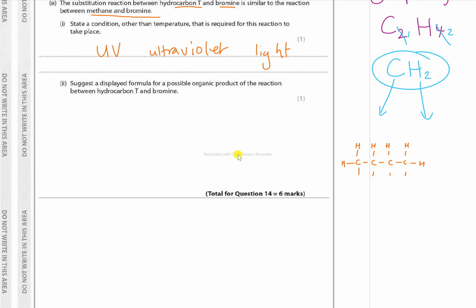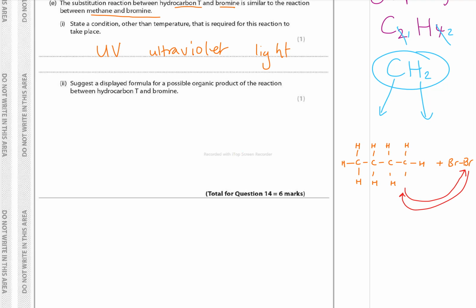Right. This is compound T. You've got bromine. Remember, bromine's diatomic, it runs around in pairs. So what's going to happen is this is going to swap out with that, and that's going to come into there. So let's go ahead and do that.